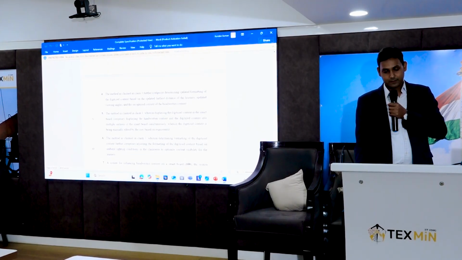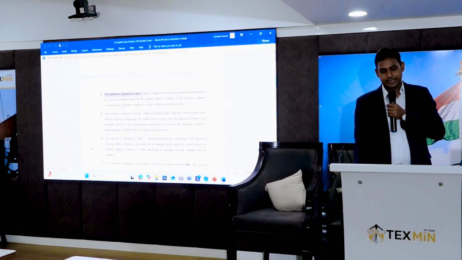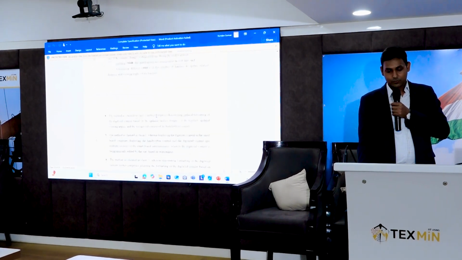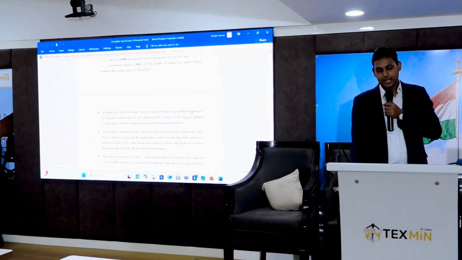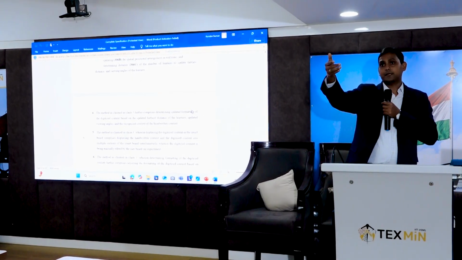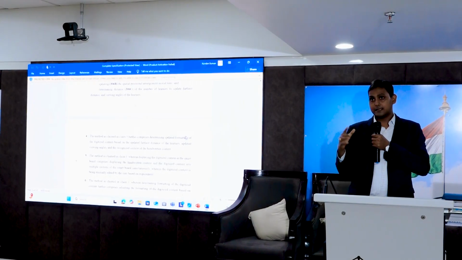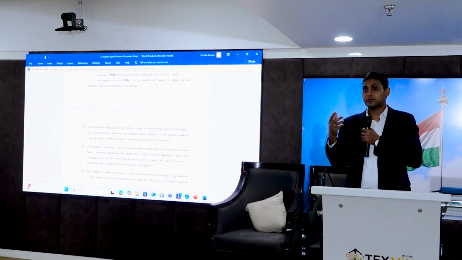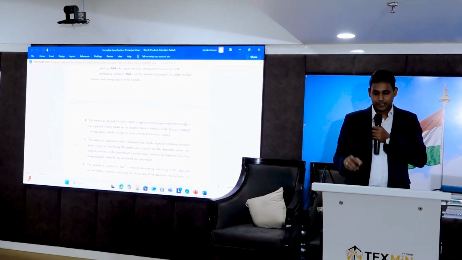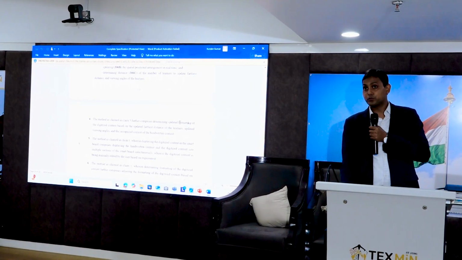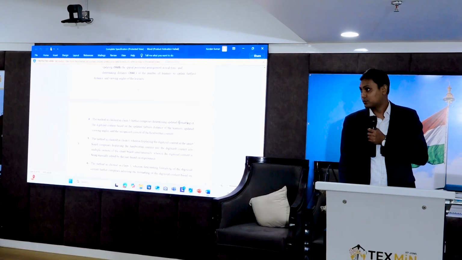Then see the method as claimed in claim 3. It is dependent on this one. It further comprises determining updated formatting. Suppose the person comes from the last bench to the first bench. The size is then not required to be that large, so it will automatically update the format based on the real-time position of the student.